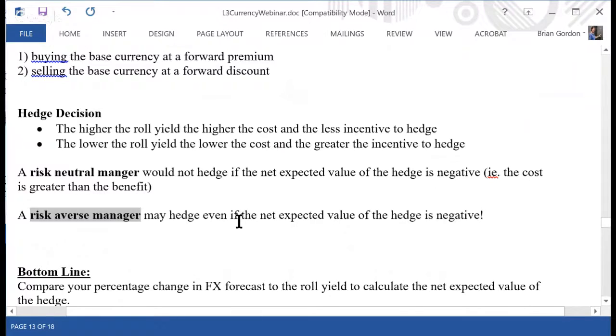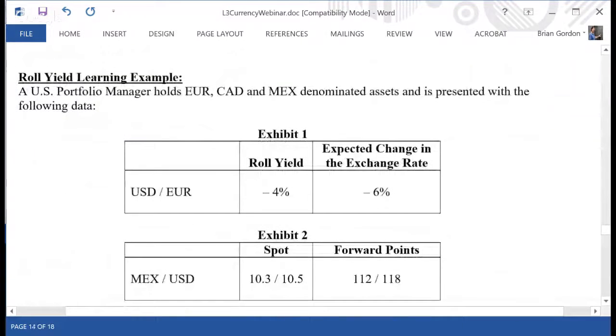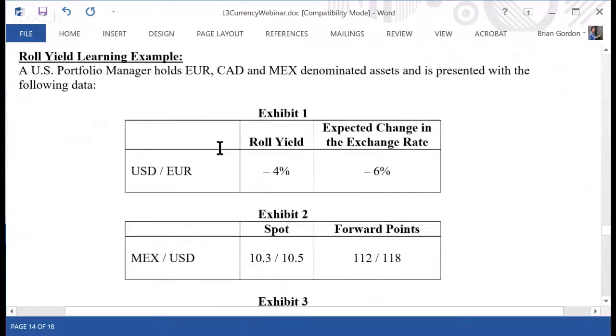Even if we find that the cost is higher than the benefit, a net negative expected value of hedging, a very risk-averse manager may hedge. That's your CFA question. Your answer. I'll show you this right now, okay? So let's look at an example here. So again, this comes down to knowing what we're looking at. So here's the example. We have a U.S. manager.